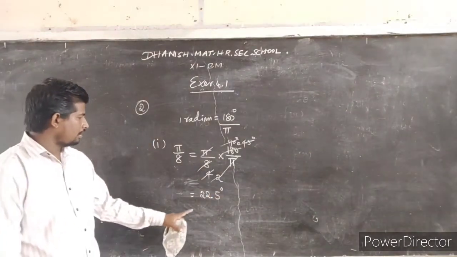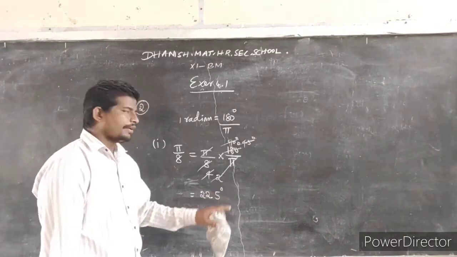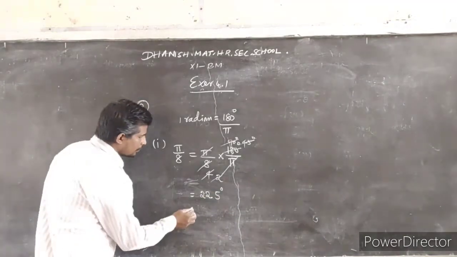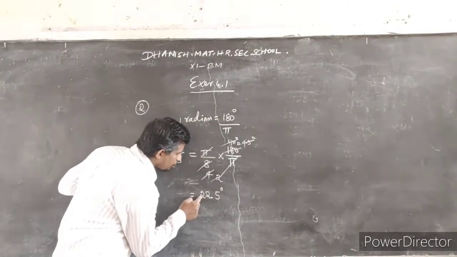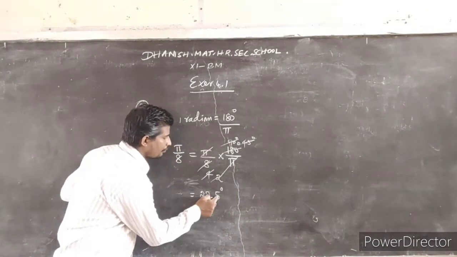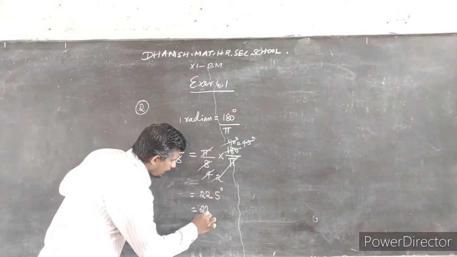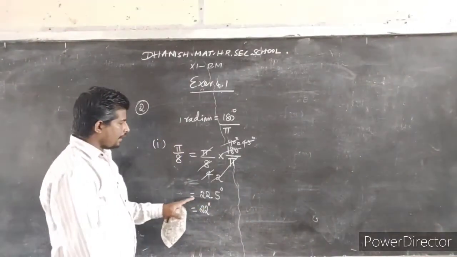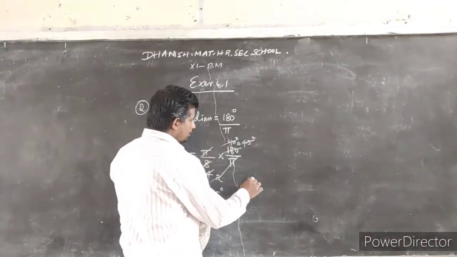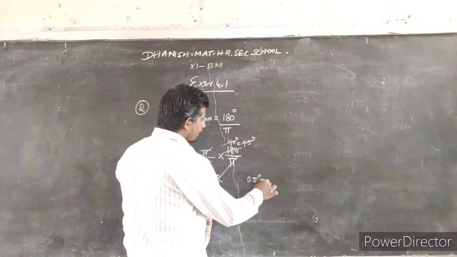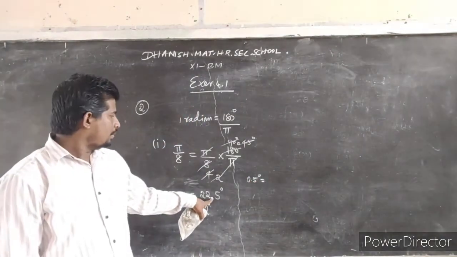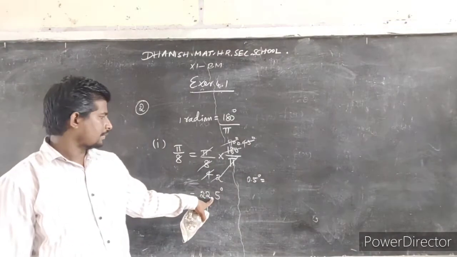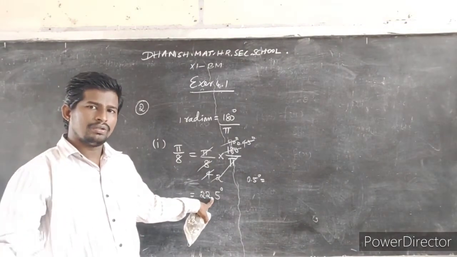Here we got 22.5 degree. So now I'm going to rewrite this. Here we are having 22.5 degree, so we can take 22 degree. Then I'm going to convert this 0.5 degree into minute. Degree can be divided into minute.